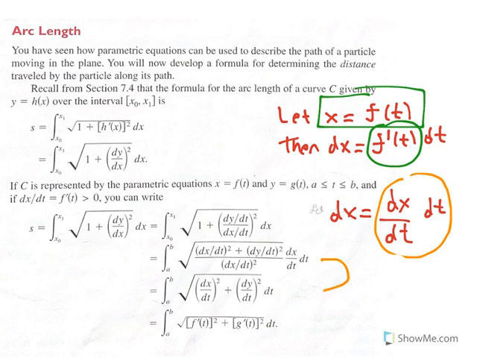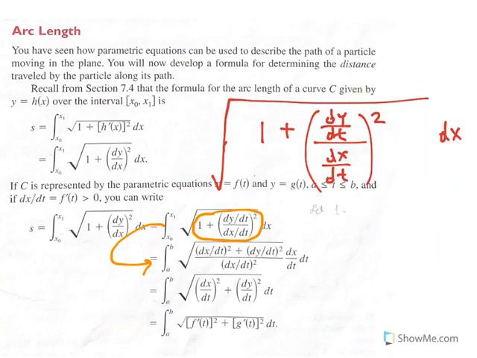So how do we go from this line to the next line? We do some algebraic manipulation within the radicand. What you can do here is write 1 in this form: dx/dt squared over dx/dt squared.